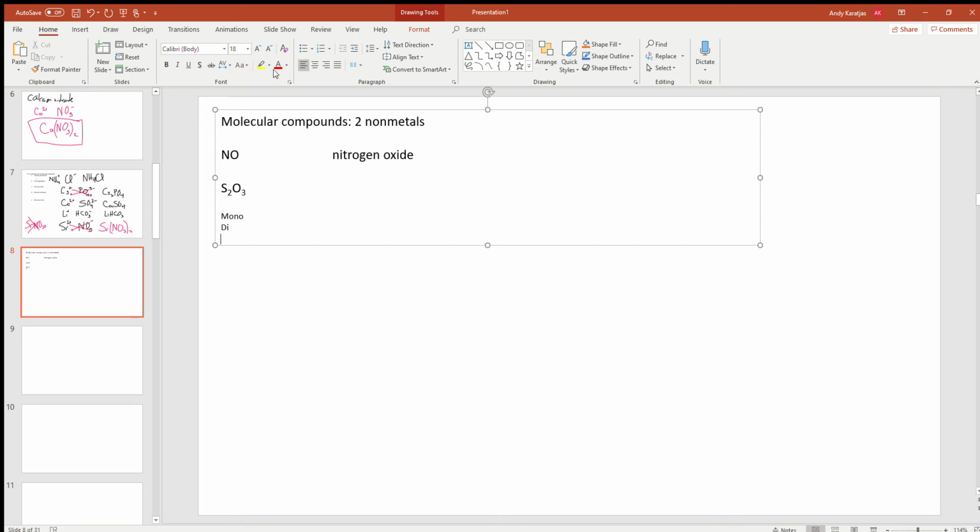And here's our list of numerical prefixes.